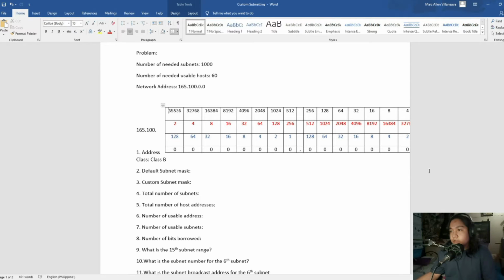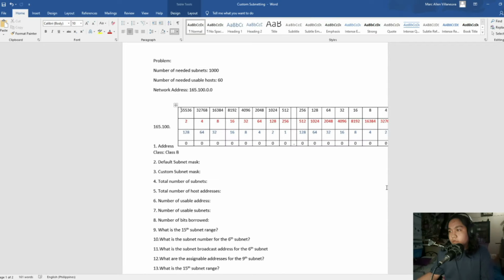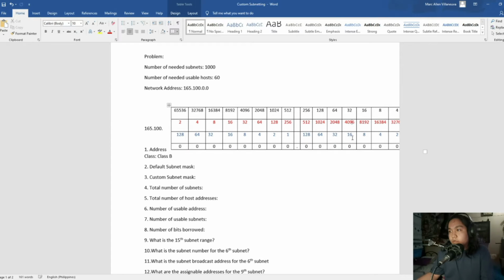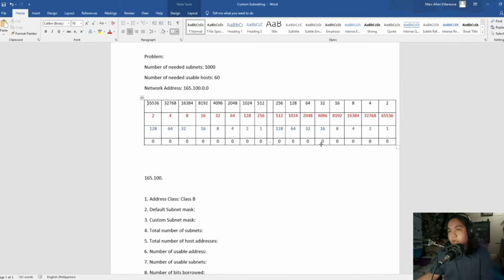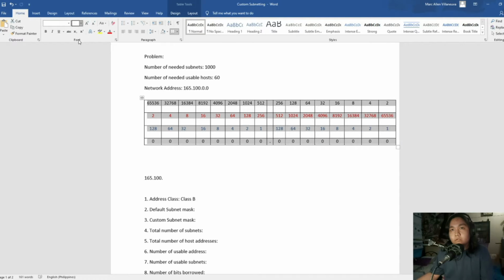Just stretch it a bit. As you can see, it doesn't fit. Let's make this smaller, I think. Maybe 10 or 8.